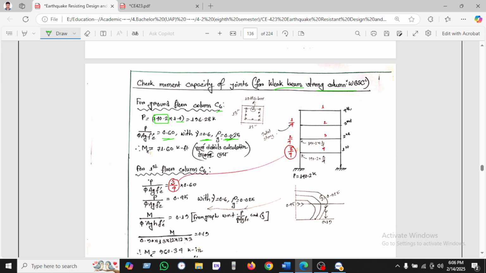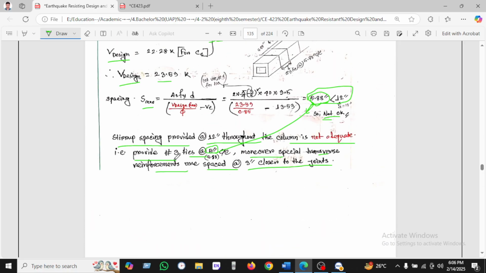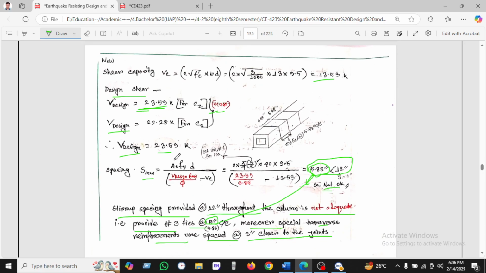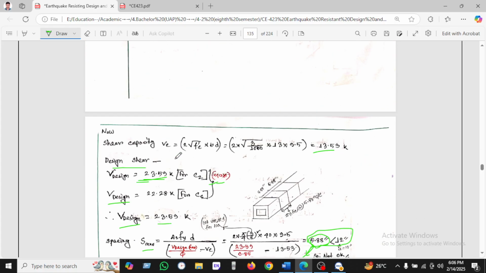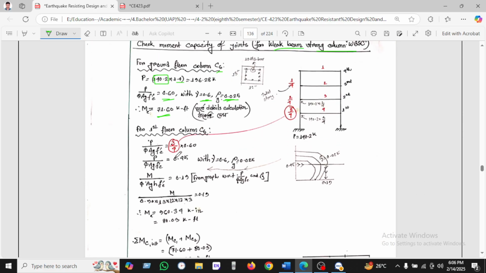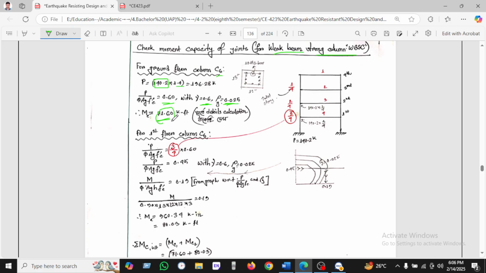So from the graph, MC, we found 17.60 from the previous calculation.